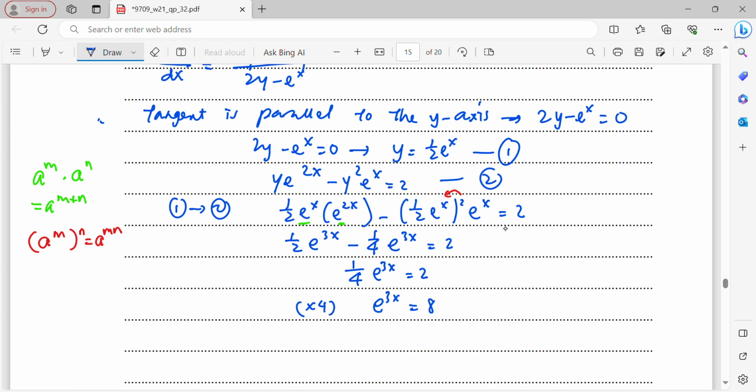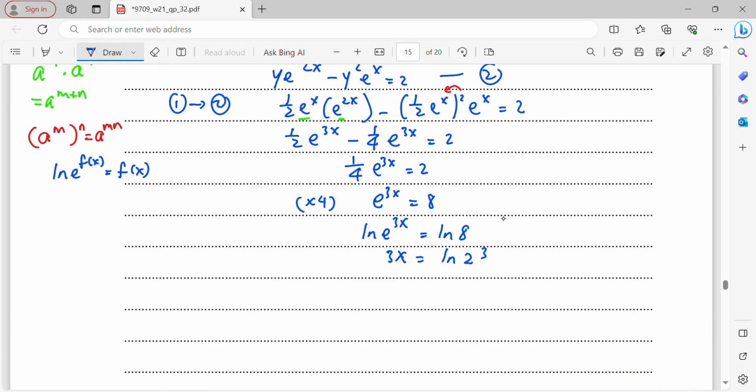Right? So to get the e, we have to take ln both sides. So ln e^3x is ln 8. So ln e^3x is 3x because we have a formula ln e^f(x) is f(x). And then ln 8 can be ln 2 cubed.